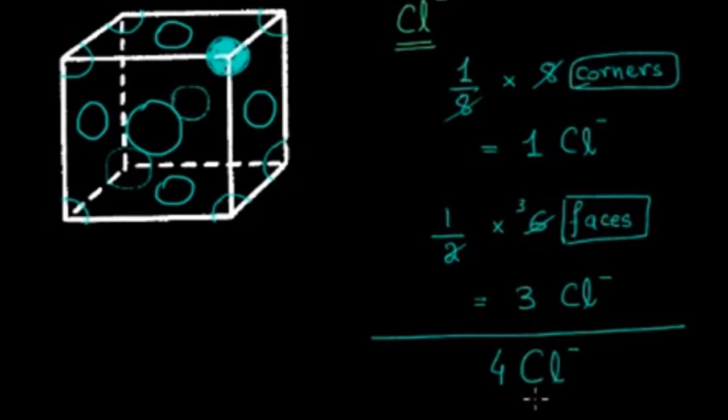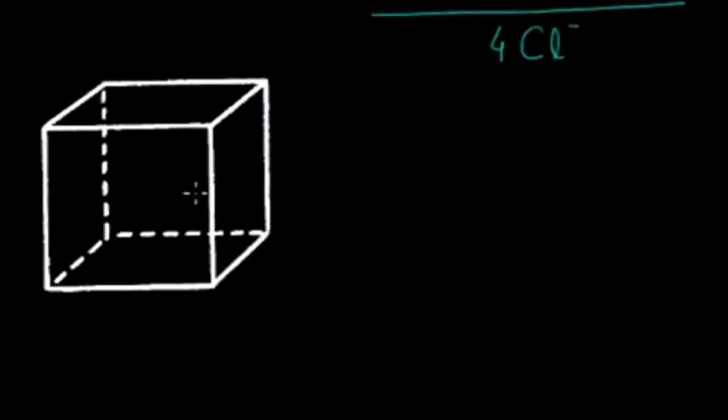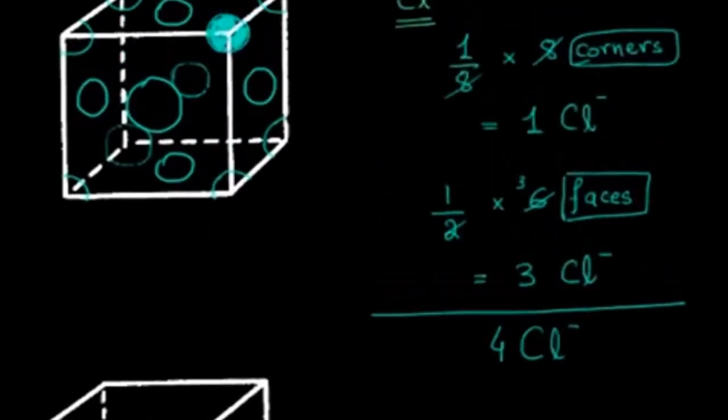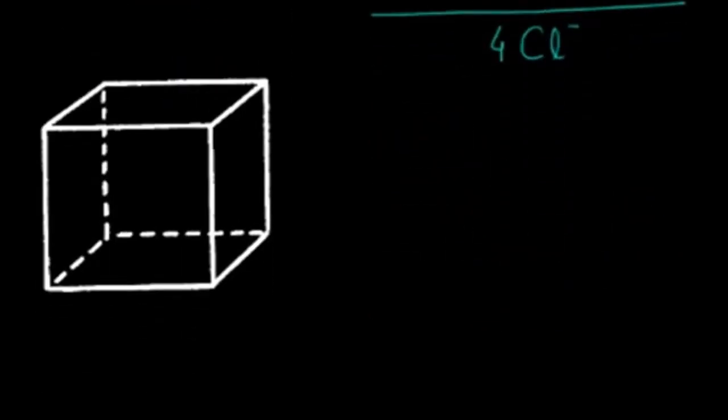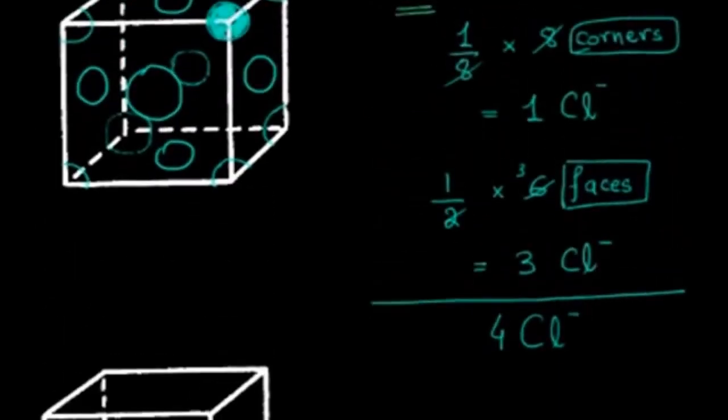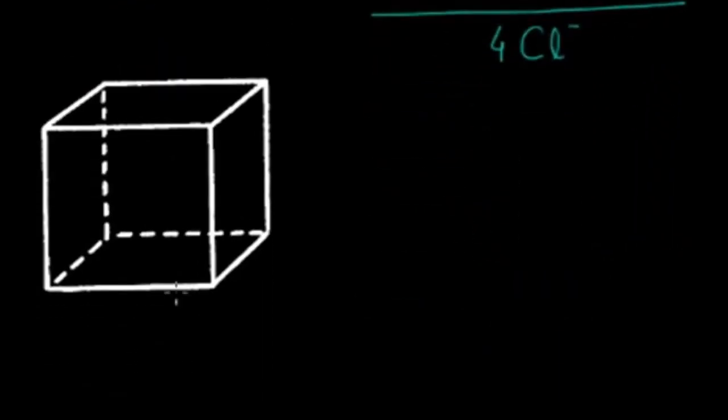Now we will calculate how many sodium ions are present in one unit cell. We have discussed that the sodium ions are present at the center. One sodium ion is present at the center of this cube, while the other sodium ions are present at the edges.